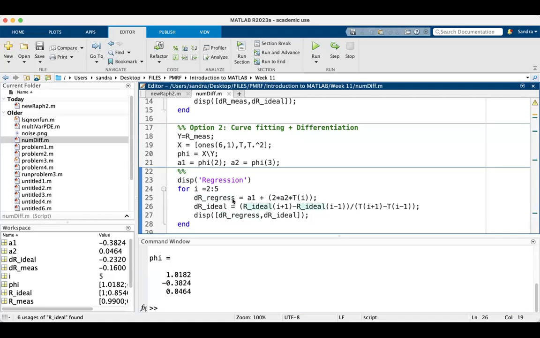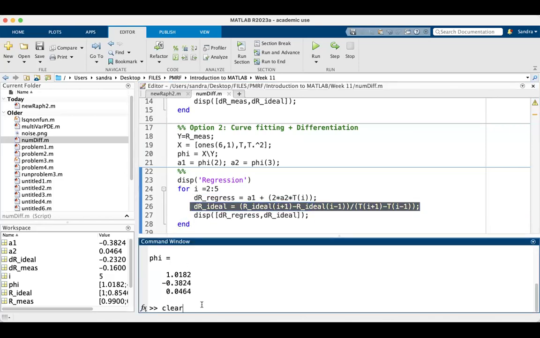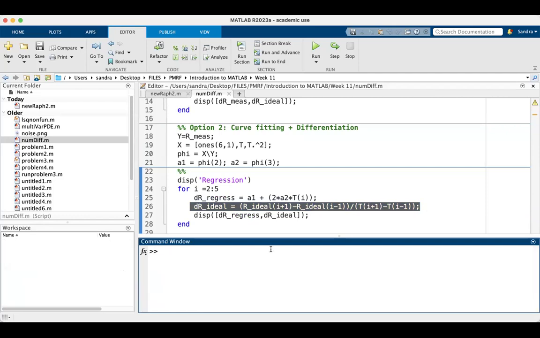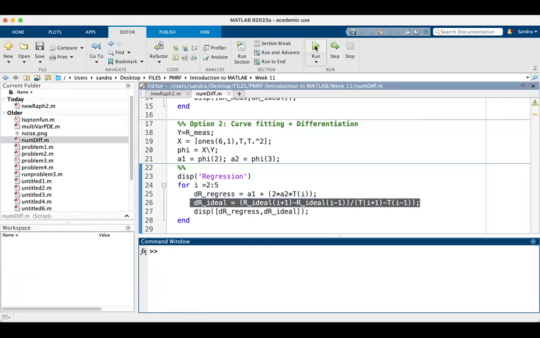Now I compare this to the derivative that I'm getting using numerical differentiation. So this is the regression derivative, and this is the numerical one, with respect to the ideal value. I'll run the whole code.